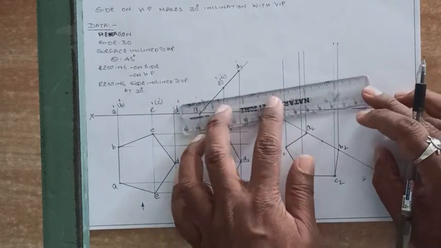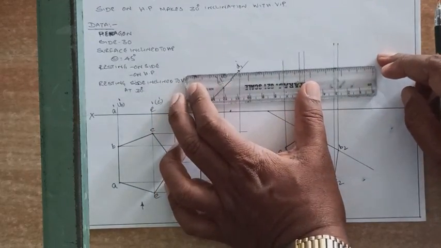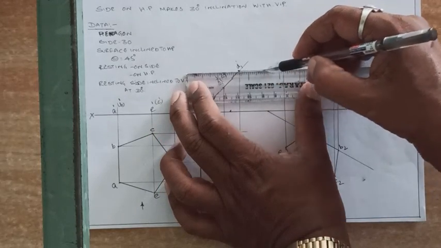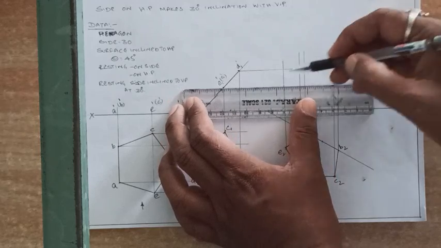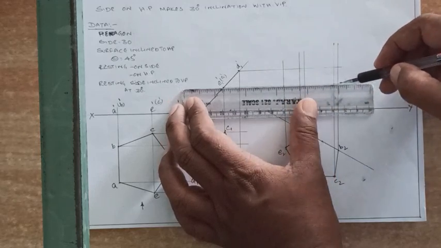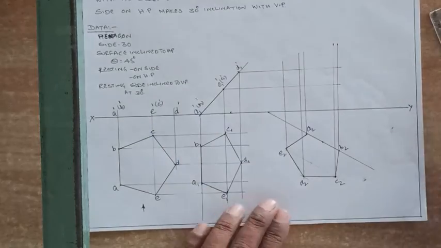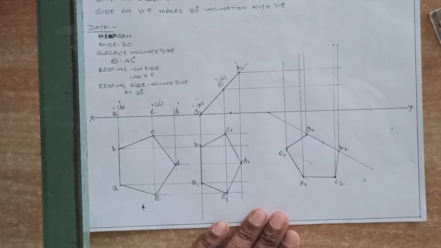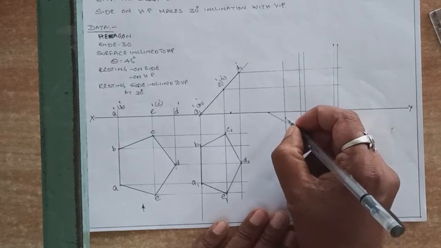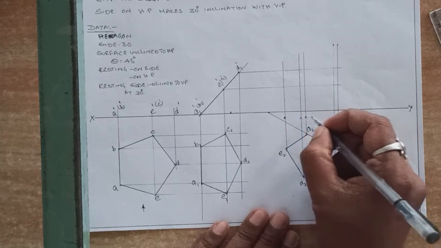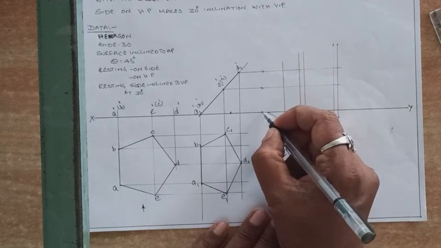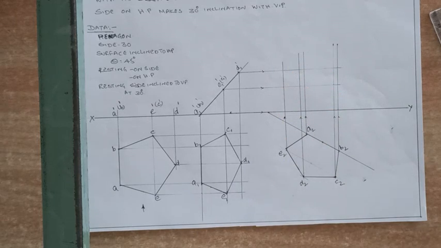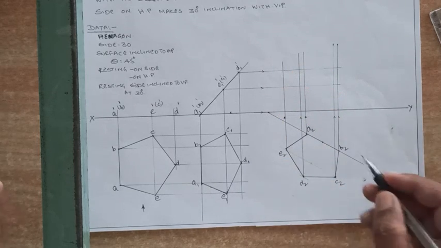Then horizontal projectors from the front view, in the first stage, that is A1, B1, like that. Again, the horizontal projector is already there. If you want, you can mark the arrow marks also, not necessary, just here I am telling. Initially, even if you draw, no problem. Now you have to locate the points.